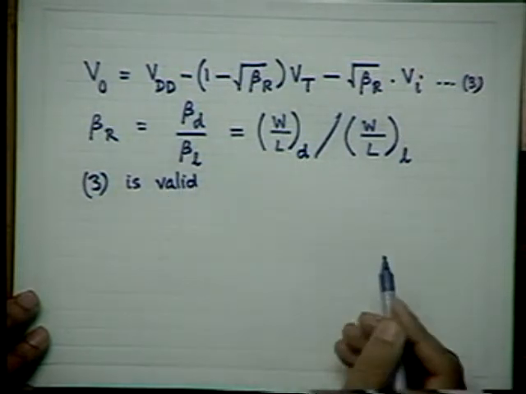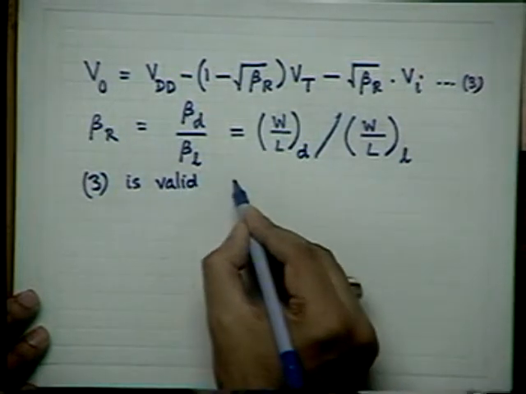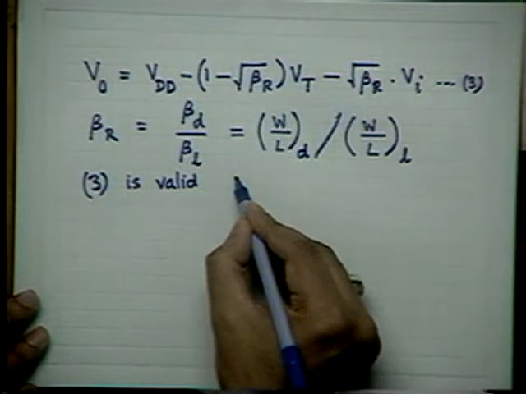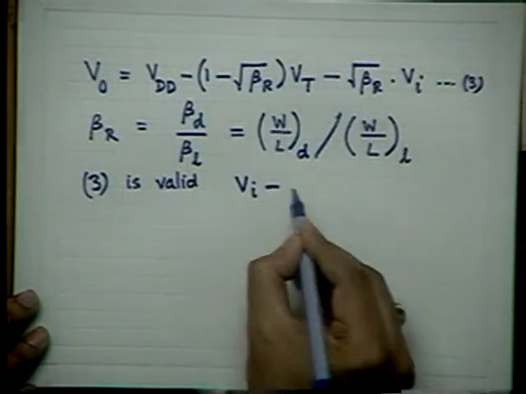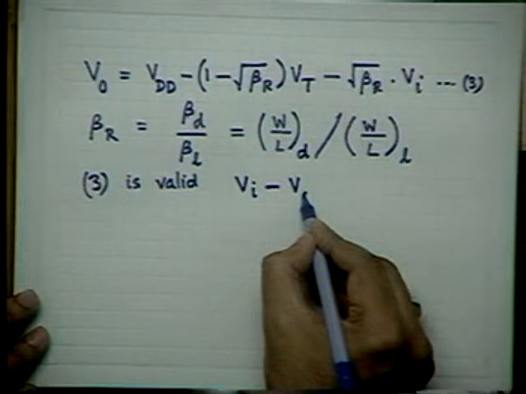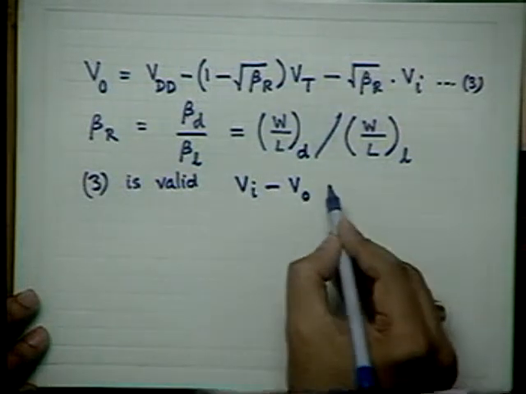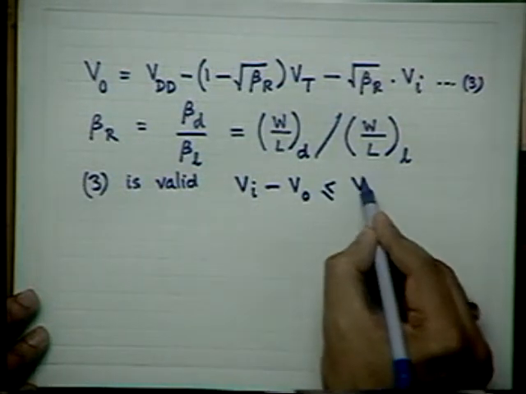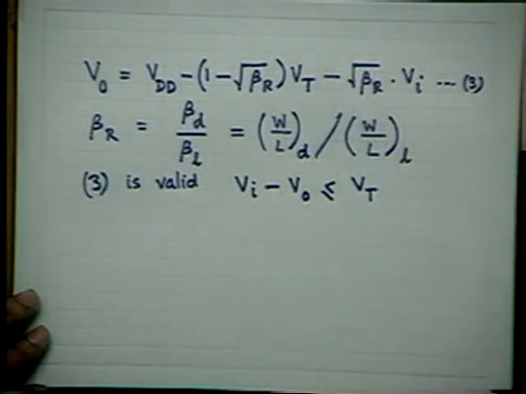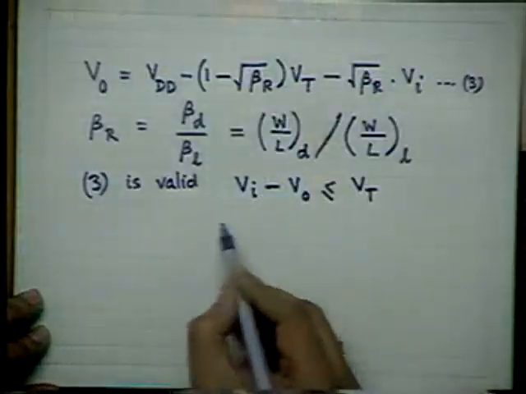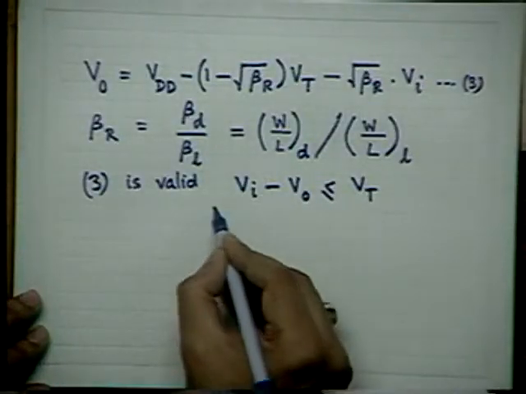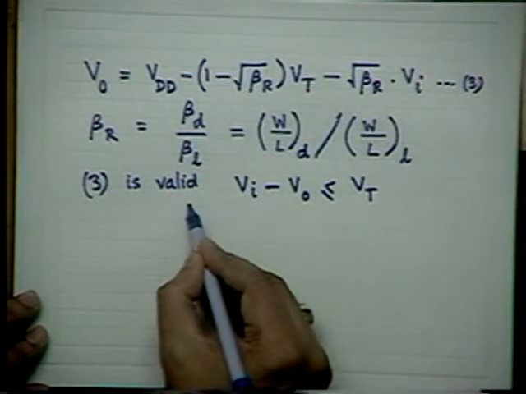for what condition? I am assuming that VI minus VO is less than or equal to VT. Now, high means basically it comes from here.